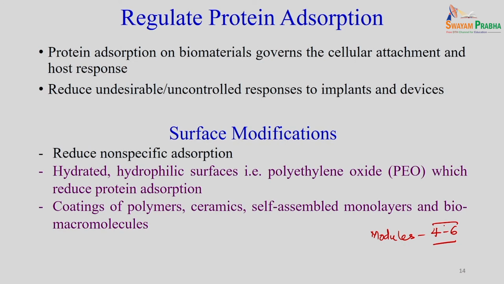So, here we will quickly go through how protein adsorption regulates the cell surface interactions or the cellular attachment, which particularly depends on the amount of protein and the conformations.